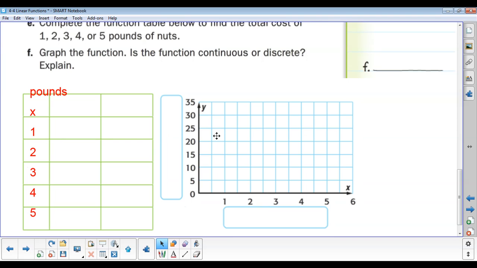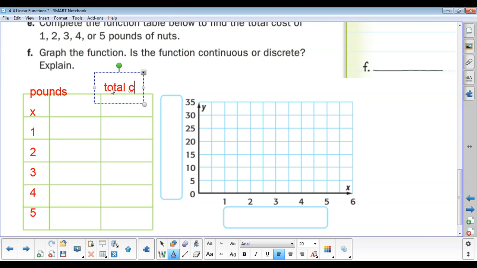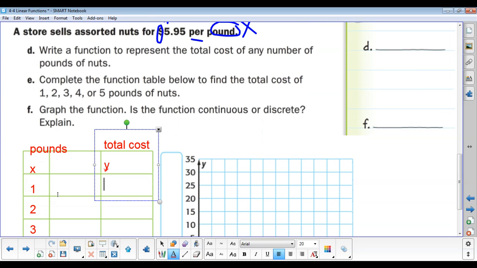Now, we don't have our function rule yet, but we do know that our other unit is our total cost. That's our y, and we haven't yet figured out those values. We can pretty much figure out, though, based on the information given, that at the very least, 1 pound of nuts is going to be $5.95.